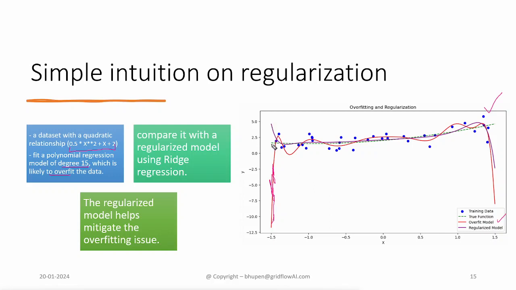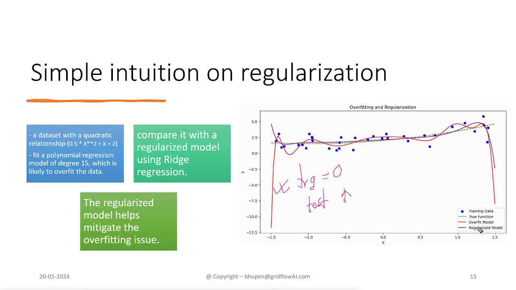But when we regularize, it's not going to be touching all the training points. Notice here, the brown line is your regularized model. Notice how smooth it is. And that's the intuition behind regularization. Now, one key thing that you notice here is with the red line, the training error will be very less, maybe like 0, but testing error will be very high.